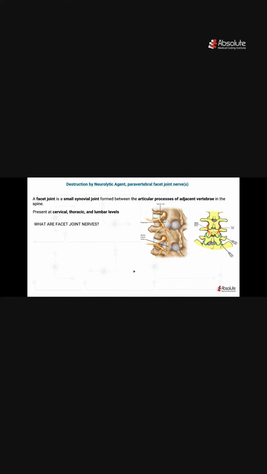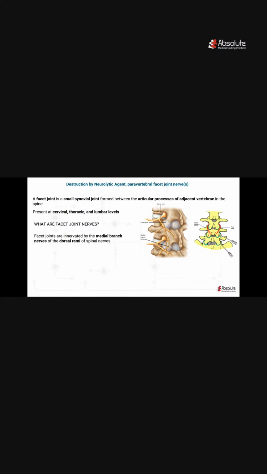Next, the section focuses on paravertebral facet joint nerves. Once you understand the anatomy, these coding rules make total sense. A facet joint is a small synovial joint formed between the articular processes of adjacent vertebrae in the spine. These joints are present at cervical, thoracic, and lumbar levels. They play a key role in spine movement, stability, and unfortunately also in chronic spine pain.